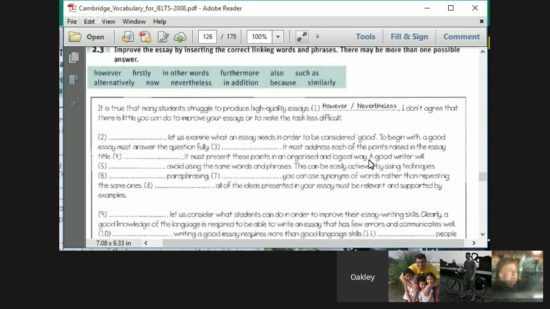Michael? A good writer will avoid using the same words or phrases. Nothing. Leave it blank. Actually, the sentence makes perfect sense leaving it blank.